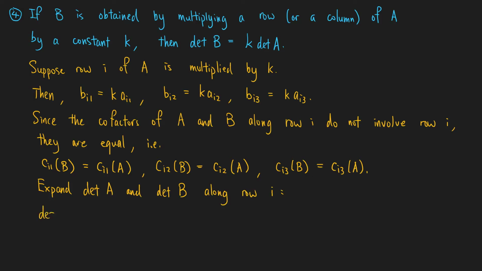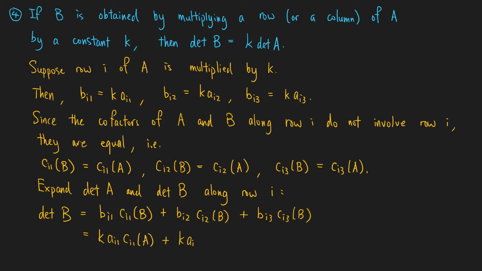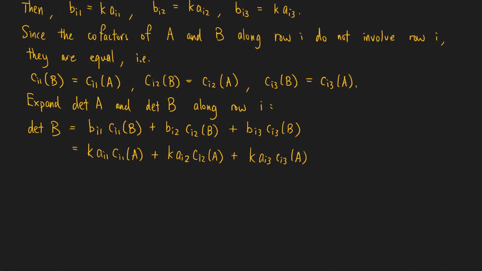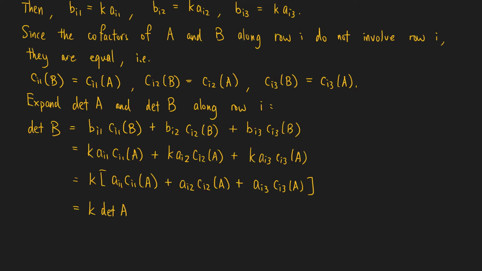We have the determinant of B equals Bi1 times Ci1 of B, plus Bi2 times Ci2 of B, plus Bi3 times Ci3 of B. From the above, this is equal to k times Ai1 times Ci1 of A, plus k times Ai2 times Ci2 of A, plus k times Ai3 times Ci3 of A. Taking out the common factor k, this is equal to k times bracket Ai1 times Ci1 of A, plus Ai2 times Ci2 of A, plus Ai3 times Ci3 of A, which is equal to k times the determinant of A.